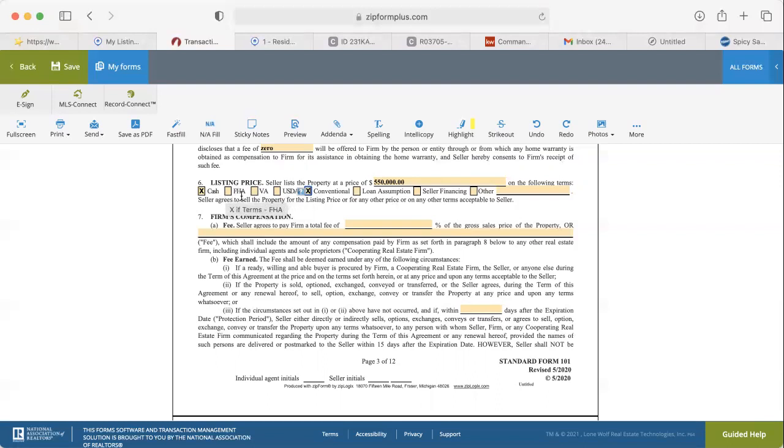When you wouldn't select VA or FHA is if the property that you were listing was in a condition that maybe had some safety issues or that needed some updating with some structural problems, that an appraiser that would do an appraisal for a VA or FHA loan would not pass the property. So that's when you would not want to check either of these two. So I'll go ahead and check them.